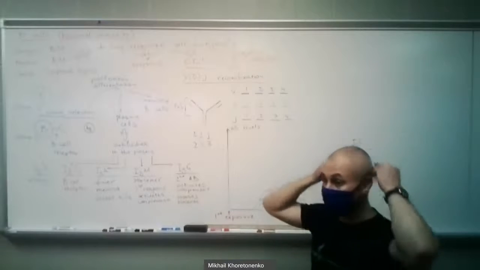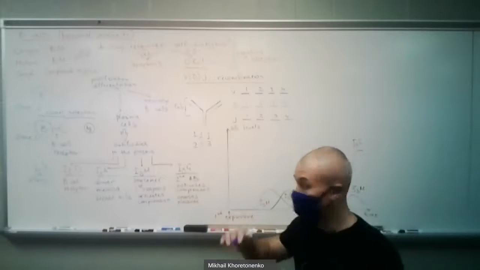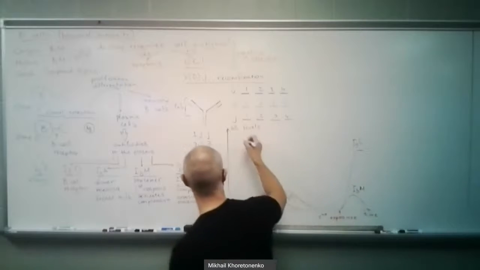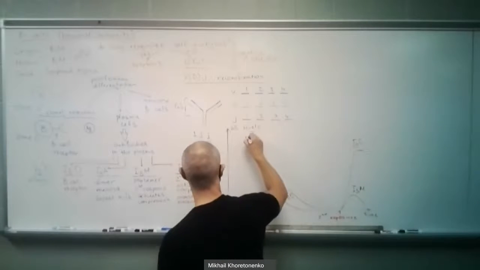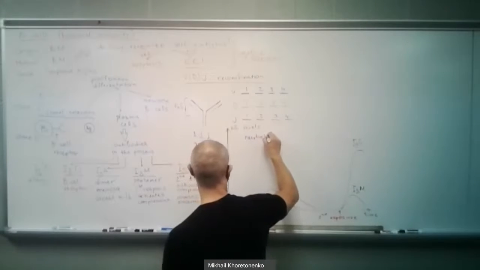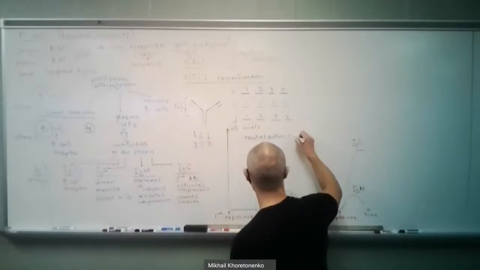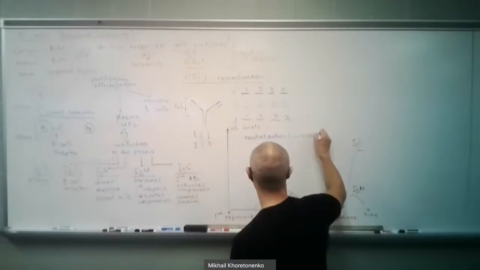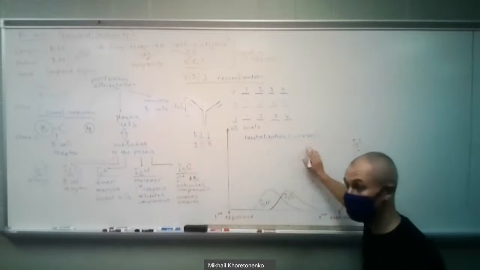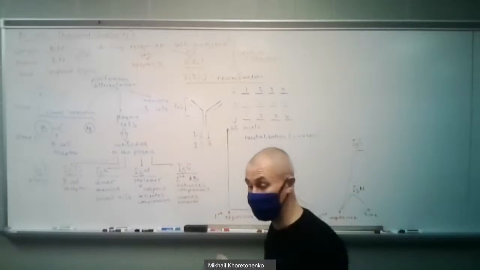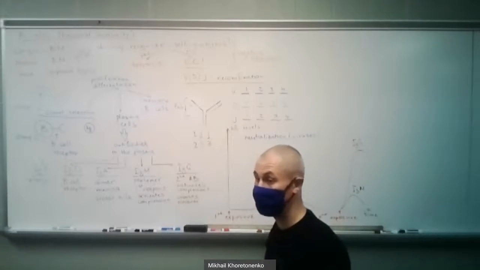I'm going to list them with some comments right here to save some space. So first is neutralization. In this case, antibodies target viruses. Antibodies bind to the virus, okay, and prevent it from interacting with the receptor.